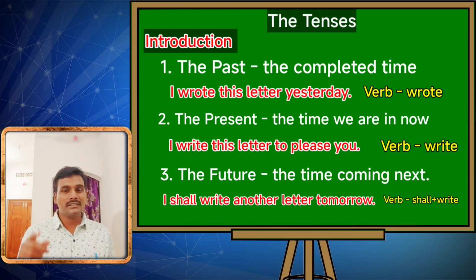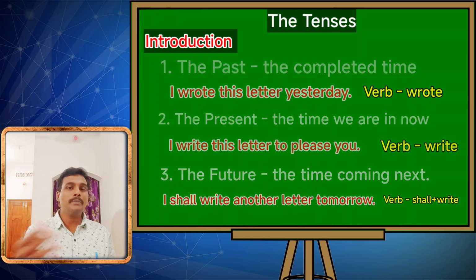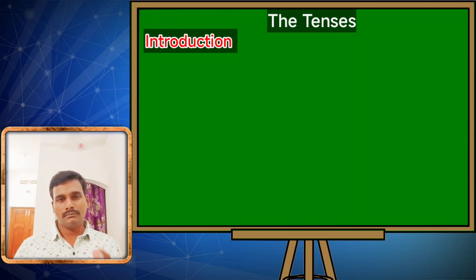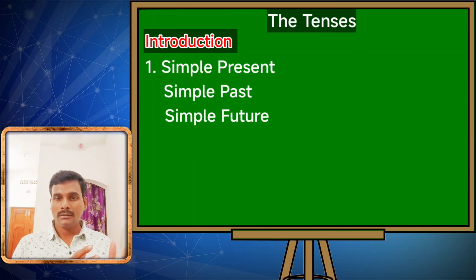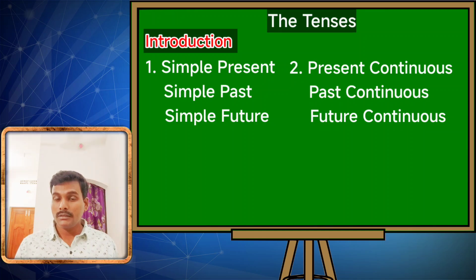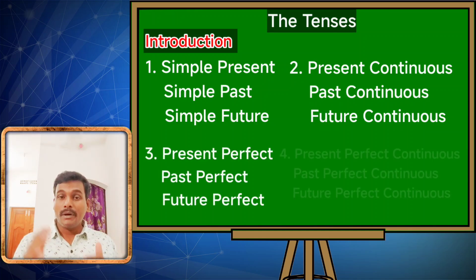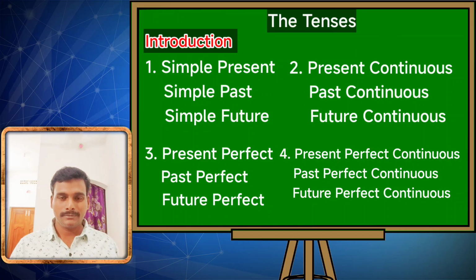These 3 main tenses say about the time period of the action or event. To tell about particular timings of the actions or events, we have divisions of these 3 tenses. There are 4 divisions in each tense. The first division is simple tenses. The second one is continuous tenses. The third one is perfect tenses. And the fourth one is perfect continuous tenses.